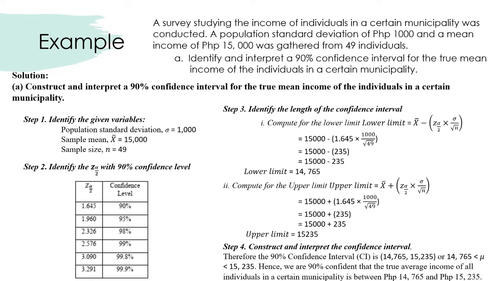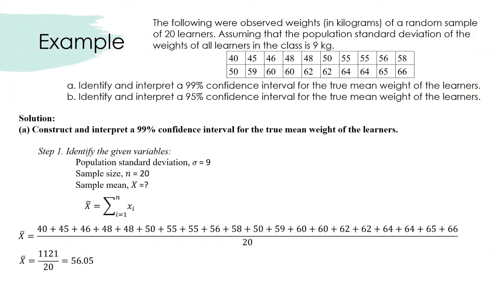Hence, we are 90% confident that the true average income of all individuals in a certain municipality is between 14,765 pesos and 15,235 pesos.